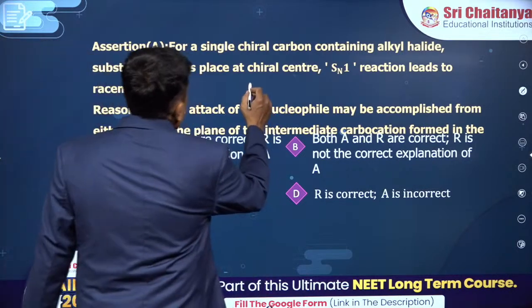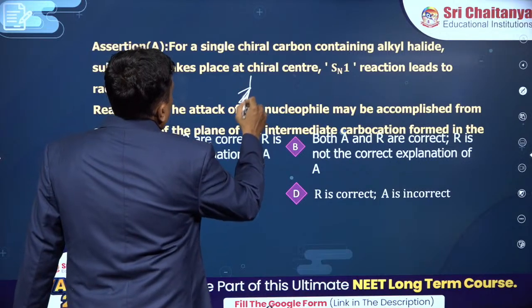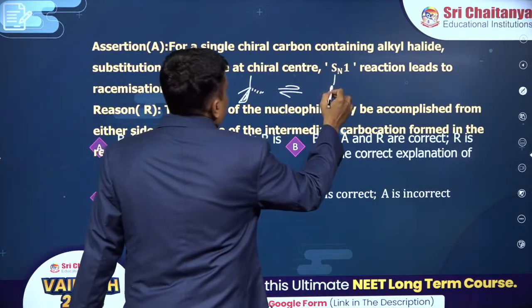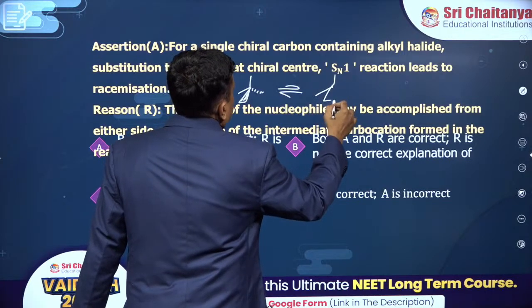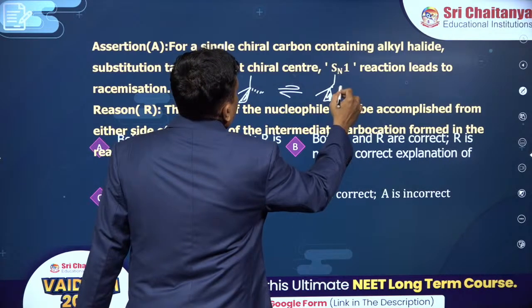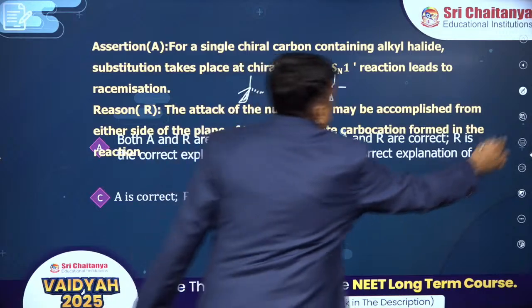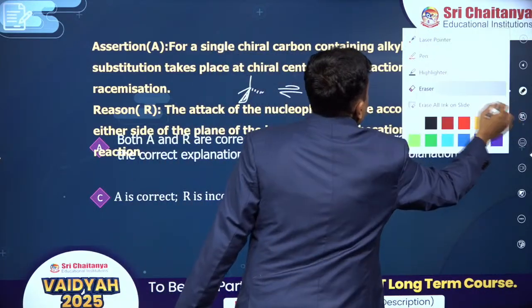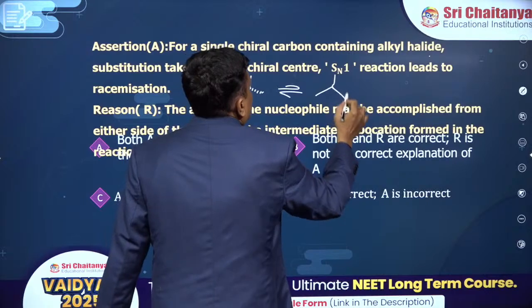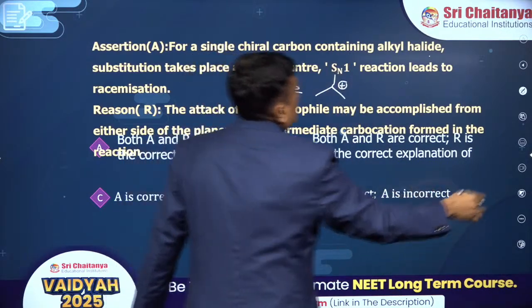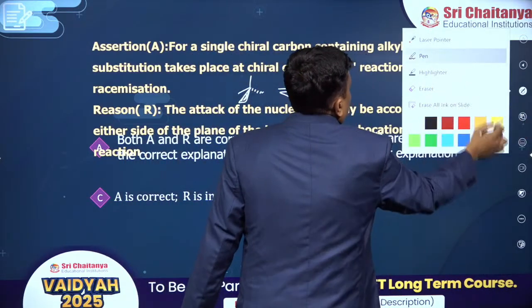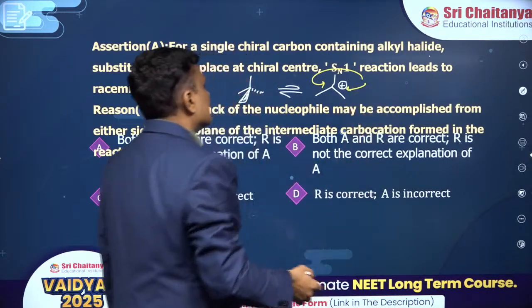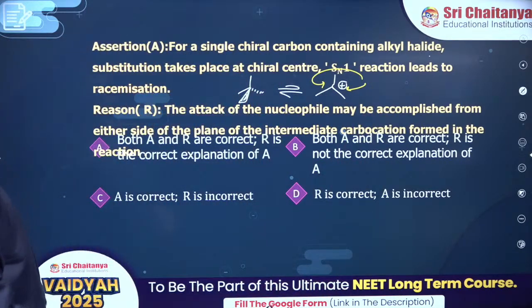In SN1 reaction, in the slow step, the carbocation is formed by the loss of the leaving group, and you all know that the nucleophile can attack from either side. You will be getting a racemic mixture.